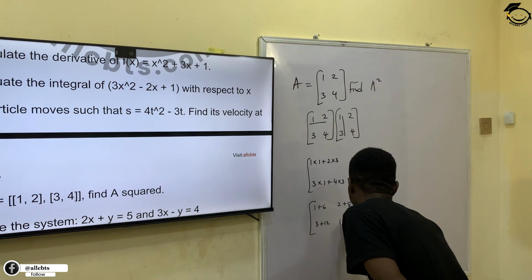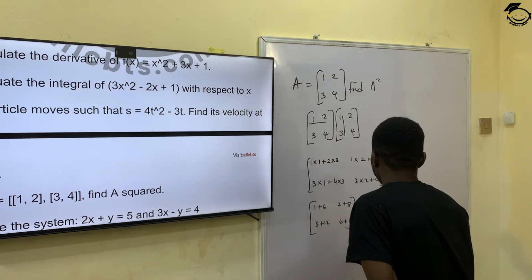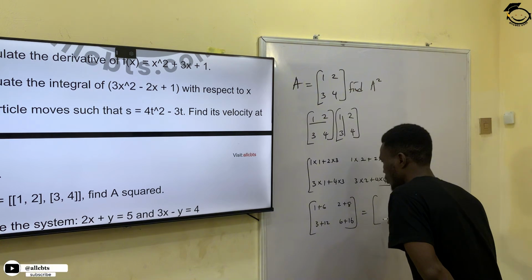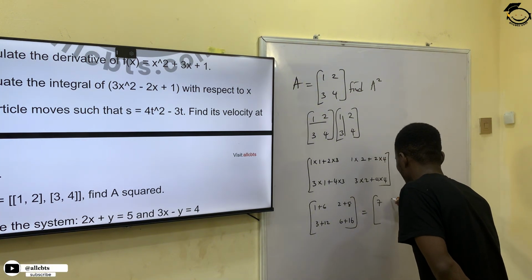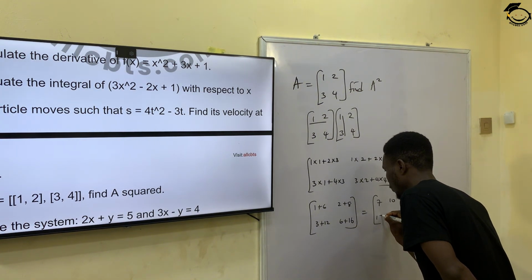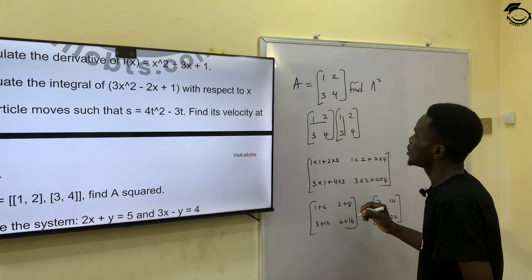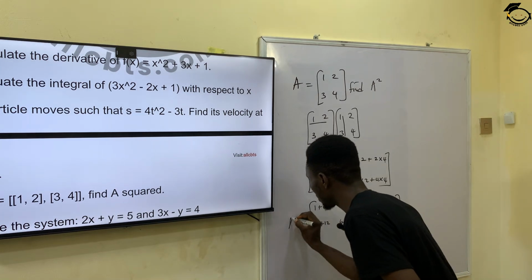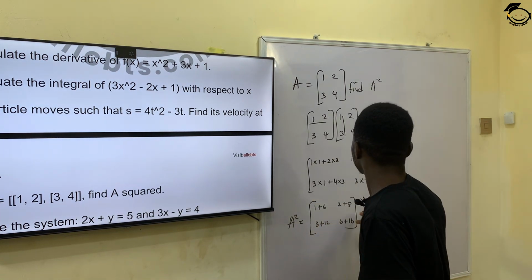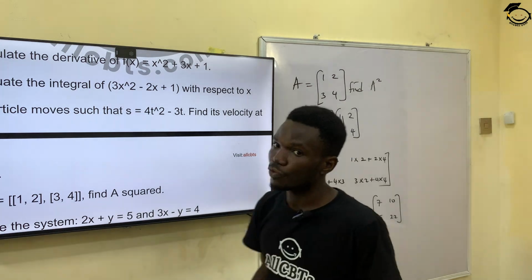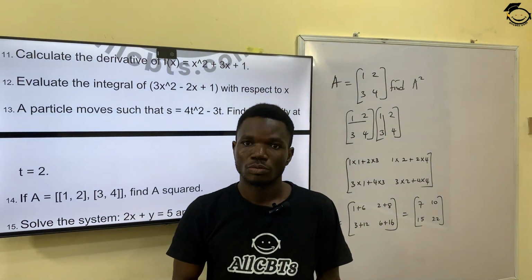And here I have 6 plus 16. So finally, this will give me 7, 10, 15, and 22. So it means that my A squared is therefore equal to 7, 10, 15, 22.